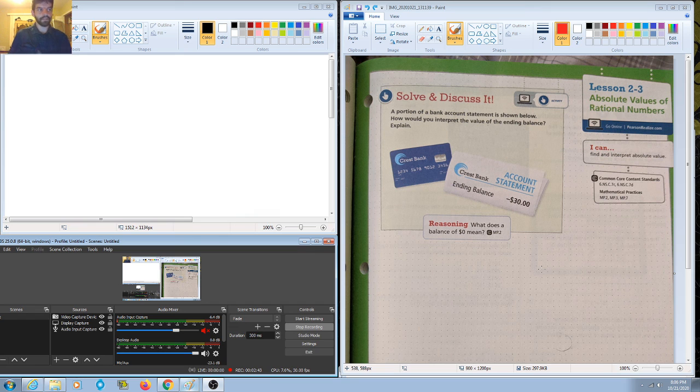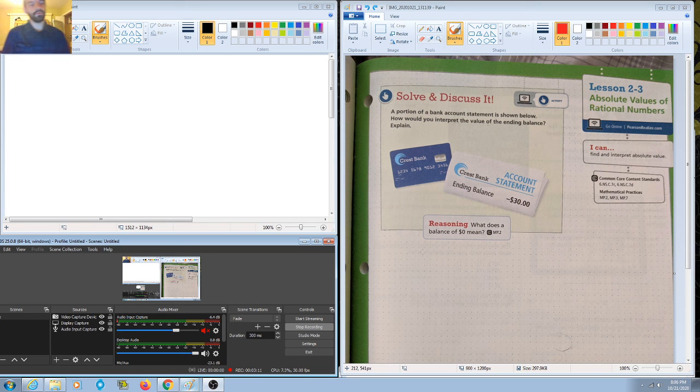Now keep in mind that 0 is again the fence line of the number line, so it doesn't have a positive or negative component to it, which brings us to this reasoning question. What does a balance of $0 mean? A balance of $0 means that you're not necessarily in debt, but at the same time you don't have any available funds that are usable.